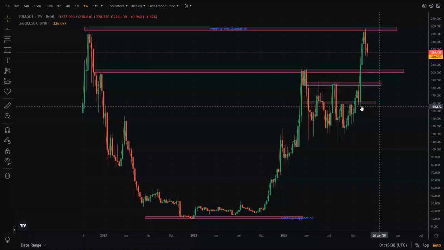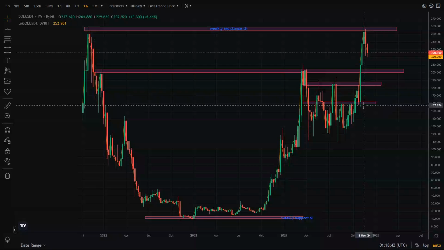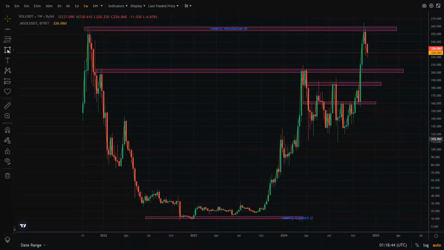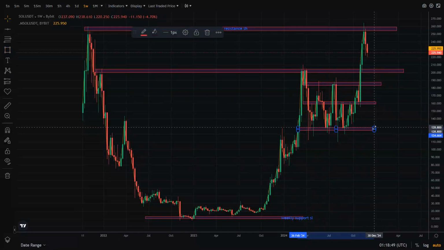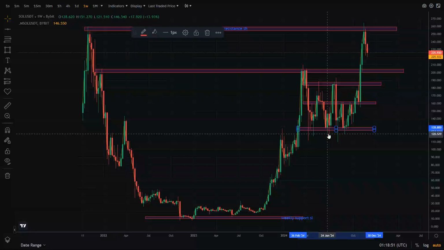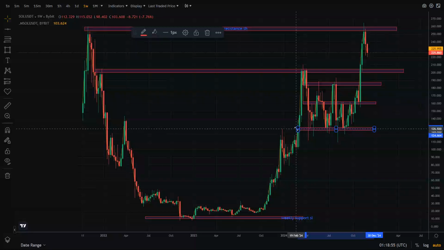So around this level, we see support turning into resistance, and resistance turning into support. So you draw on that level. We still have other levels here with multiple touches. 1, 2, 3, 4, 5, 6, 7, 8, 9, 10. More. Let me draw this one to this level.